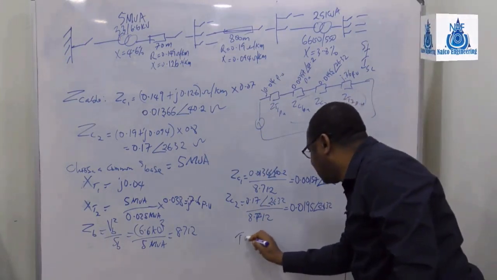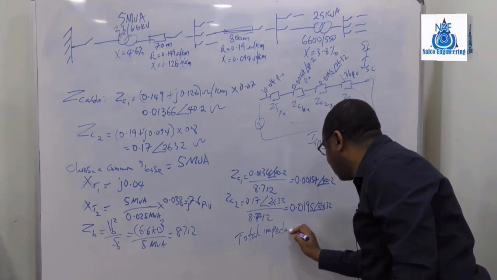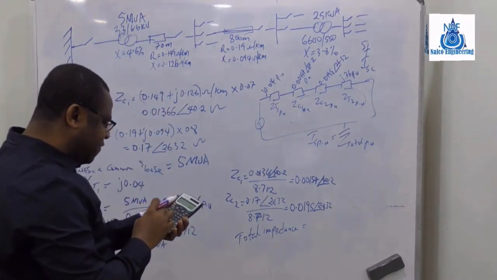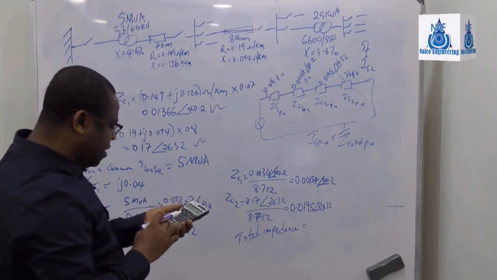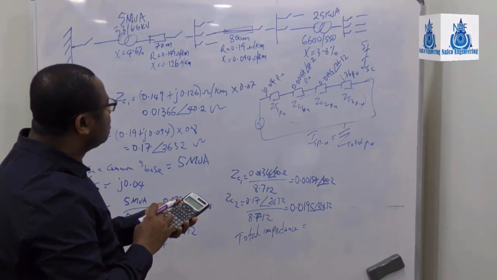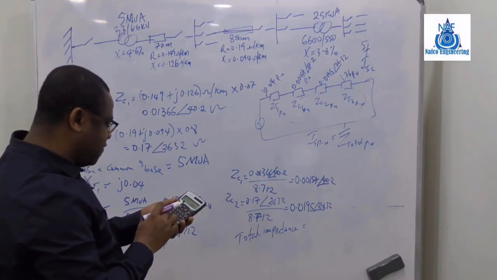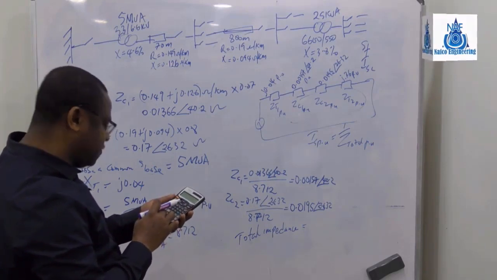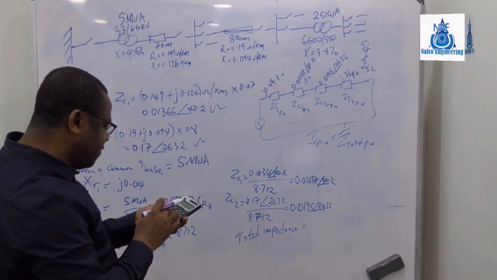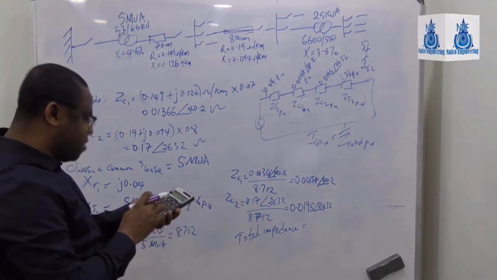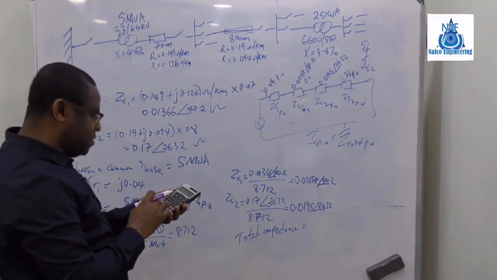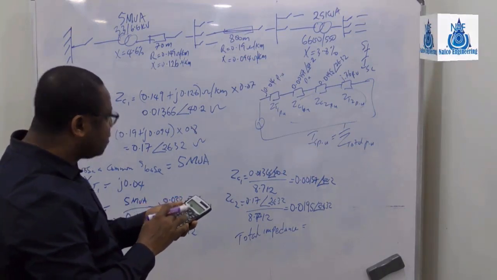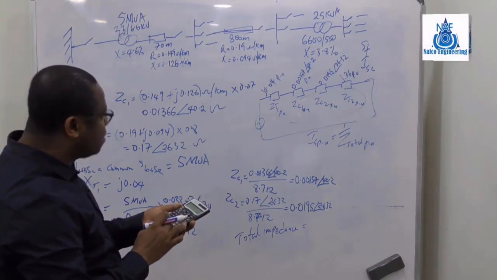So that total impedance in per unit will be 0.04j plus 0.00157 with an angle of 40.2, plus 0.0195 with an angle of 26.32, plus 7.6j.